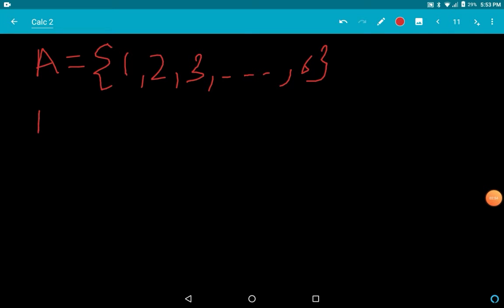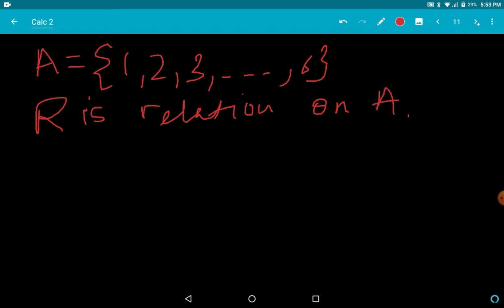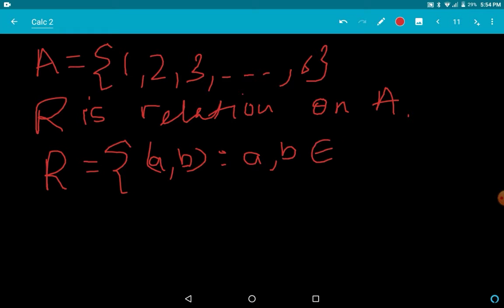Now if I say R is a relation on A, and R is defined as (a, b) such that a and b both belong to A and b is a plus 1.